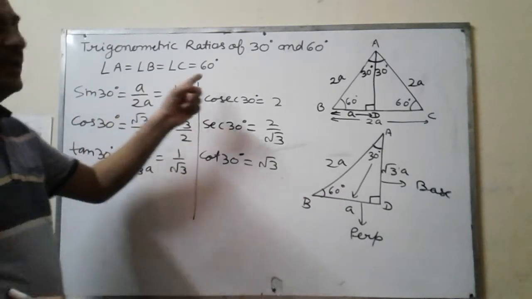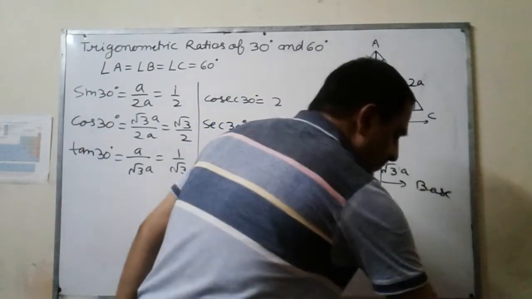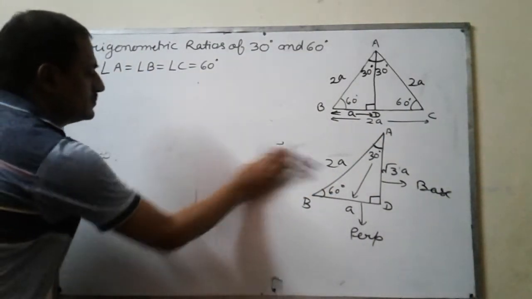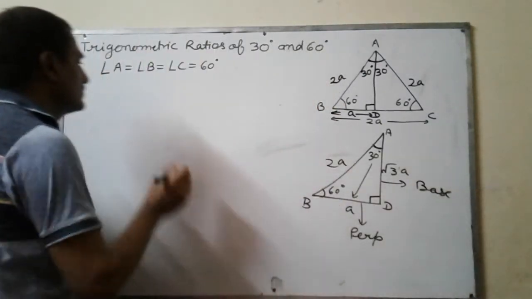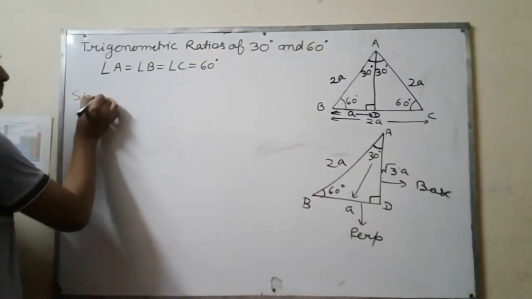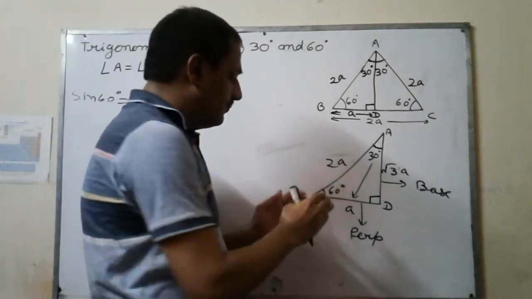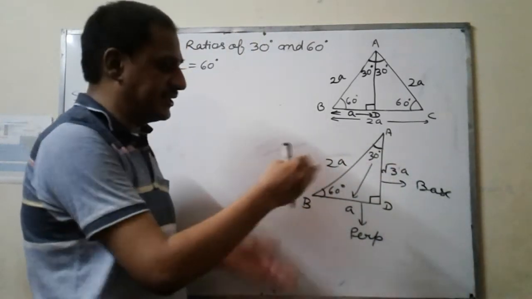Now I am going to calculate the trigonometric ratios for angle 60 degree. Sin 60 degree. With respect to this angle, now the base and perpendicular will interchange to each other.